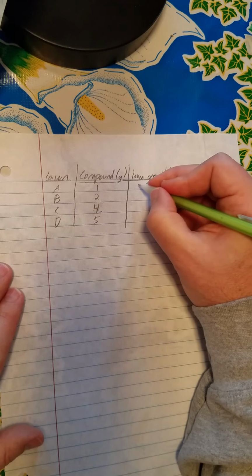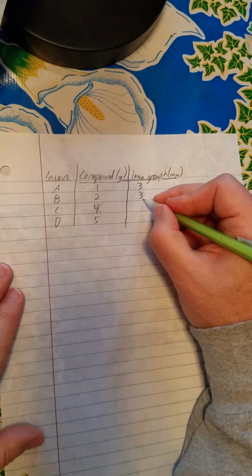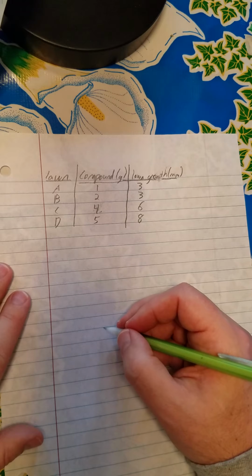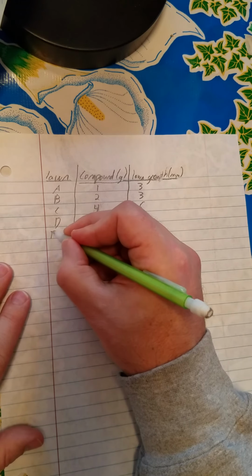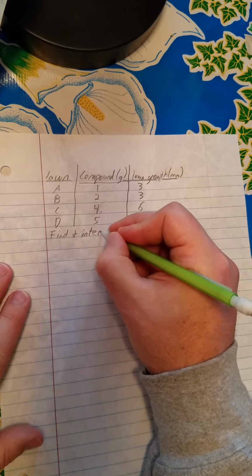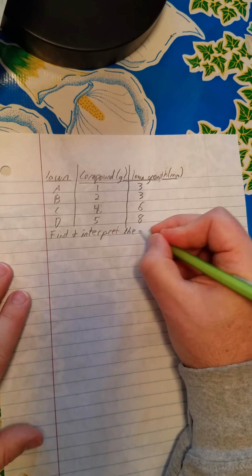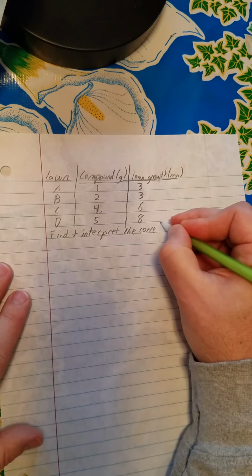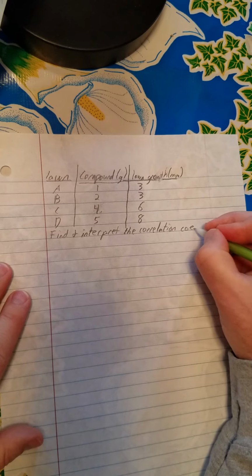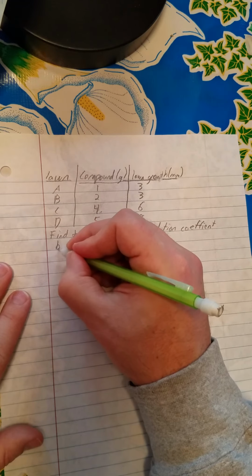So compound 1, 3 millimeters, 3 millimeters, 6 millimeters, and 8 millimeters. Those are the 4. And the question is, find and interpret the correlation coefficient between the 2 variables.